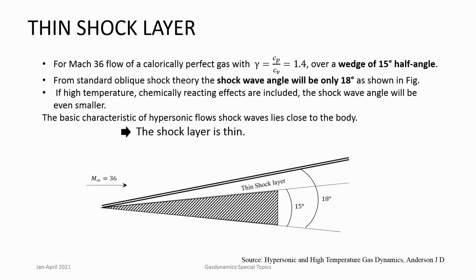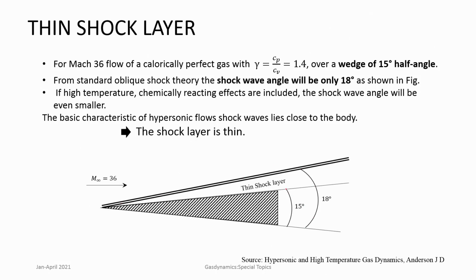If you consider, for example, a very thin wedge of angle 15 degrees and a very high Mach number, say Mach 36, and just consider for the sake of argument that the gas is a perfect gas and gamma is 1.4, we find that the angle of the oblique shock that this wedge makes is 18 degrees.